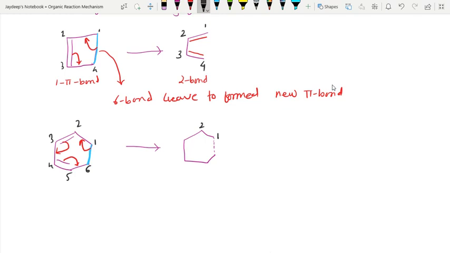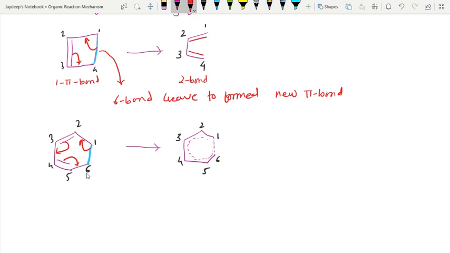This is 1, 2, 3, 4, 5, and 6. So this dotted line indicates that the pi bond is migrated through the cyclic system. Now look at this. The new bond is formed between 1 and 2 carbon, 3 and 4 carbon, and 5 and 6 carbon.